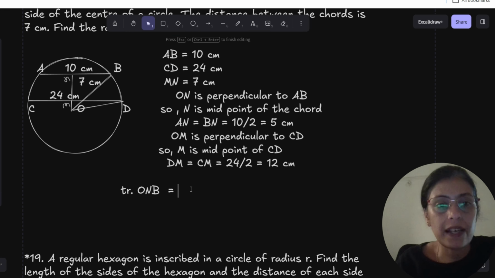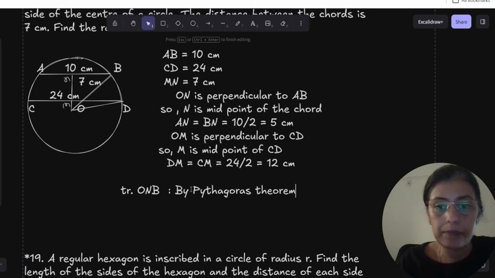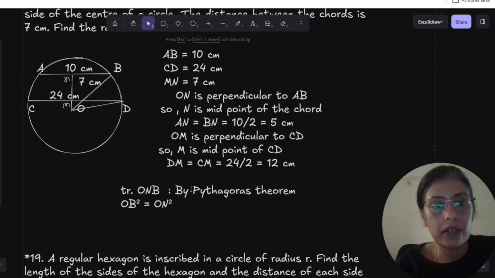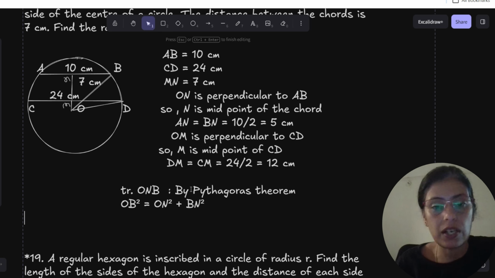So we can say here, by Pythagoras theorem, OB square, which is the hypotenuse square, is equal to ON square, which is the distance square, plus BN square, which is the other side.